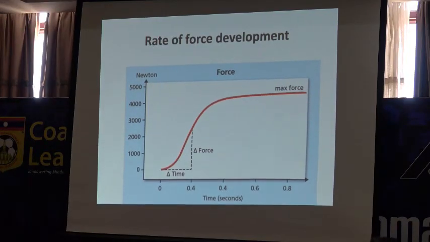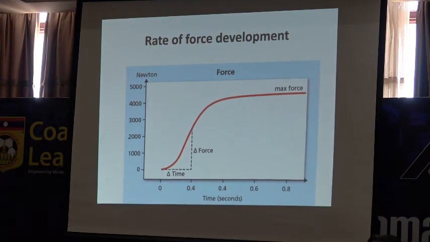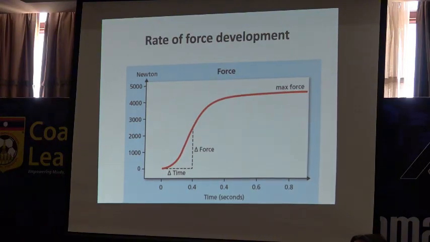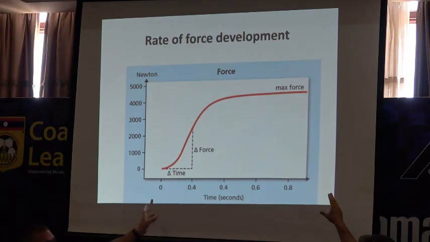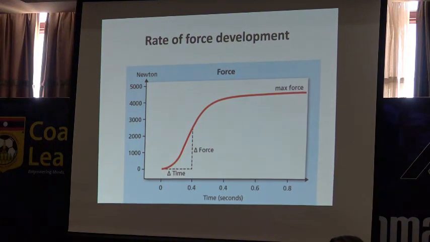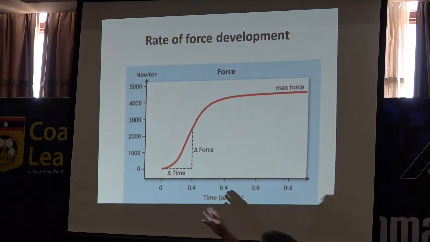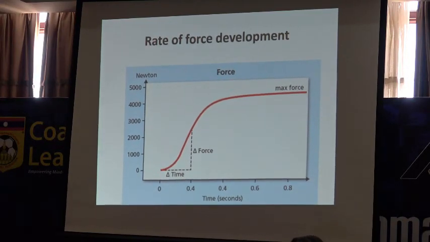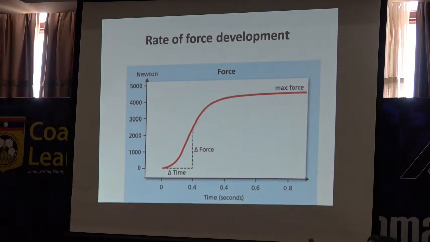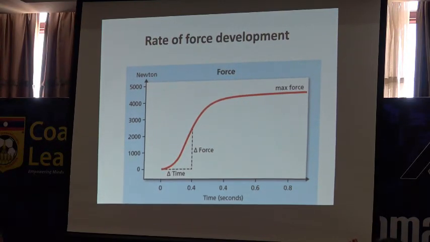So we don't want to increase the maximum force because it's irrelevant. But we want to have a left shift of the curve. We want the curve to be steeper so that within a short time we can develop as much force as possible. This is rate of force development.